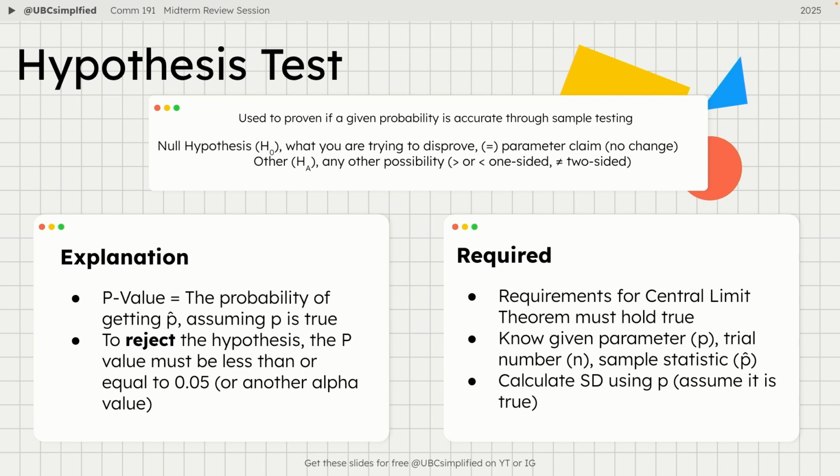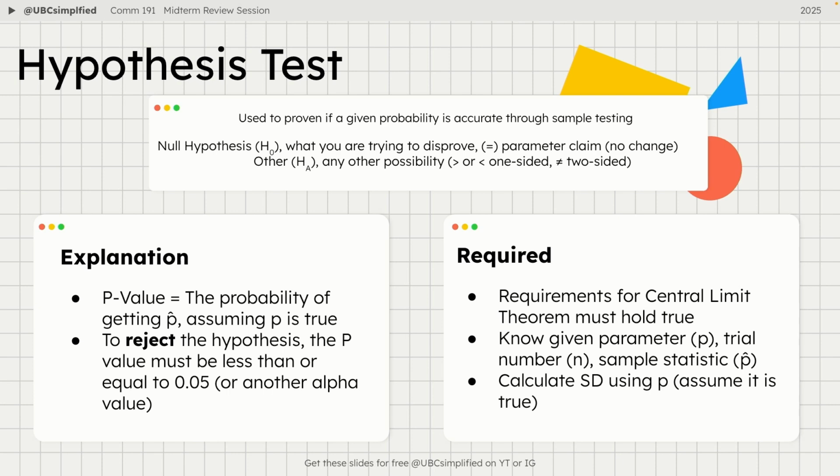So p-value is the probability of getting your sample proportion, your p-hat, assuming that the null hypothesis is true. So if I do a sample of people and I'm trying to find whether or not 90% of people like mangoes, it is the probability of me getting, let's say, 60% from my sample, 60% of people like mangoes.